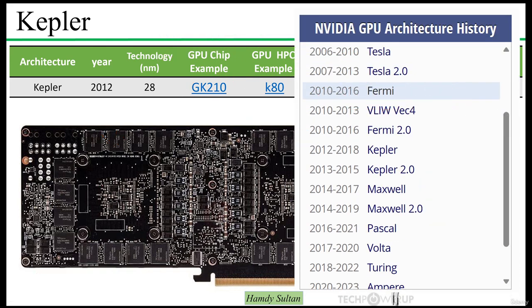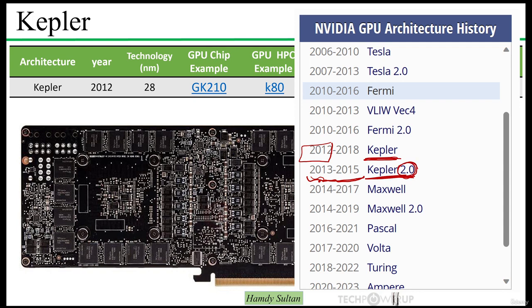Sometimes Nvidia releases an upgrade or another enhanced version of the same architecture. For example, Kepler was first launched by Nvidia in 2012, but between 2013 and 2015, newer versions of Kepler emerged, as indicated here in this image.